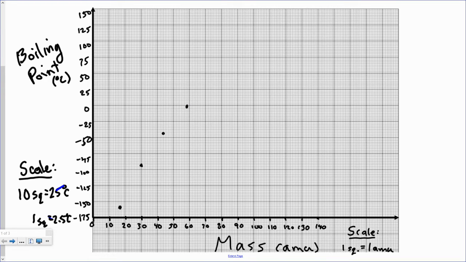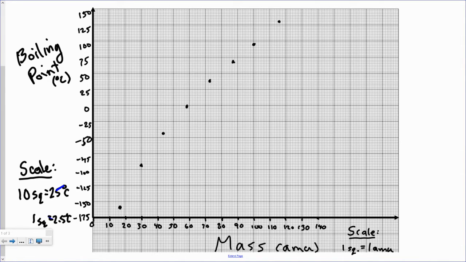At 72, we've got 36 degrees C. At 86, we've got 68.73. At 100 AMUs, we've got 98.5. And at 114, we have 125.7. So there's all of our data points graphed.